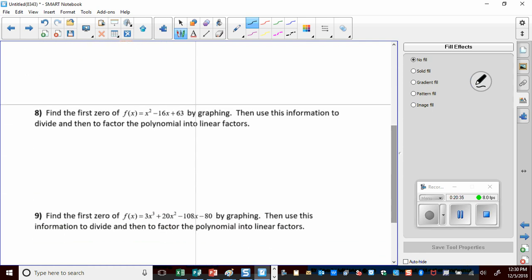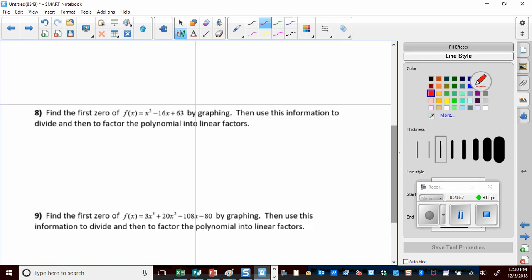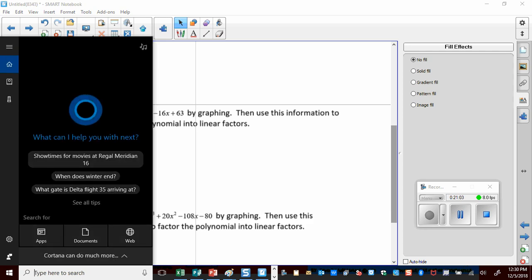Now, number 8, it says find the first zero of x squared minus 16x plus 63. Then use this information to divide and then to factor the polynomial into linear factors. So basically, the first zero, I go to my graphing calculator. Keep in mind you're going to do number 9 on your own. So I go to my TI-84 here.